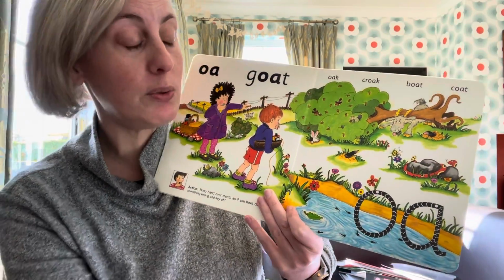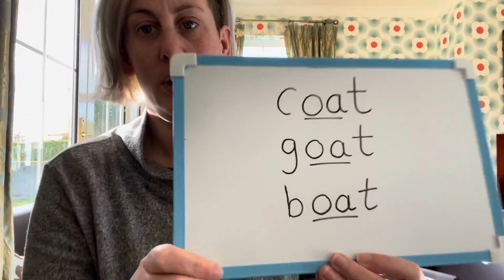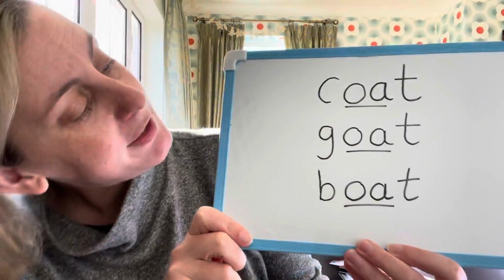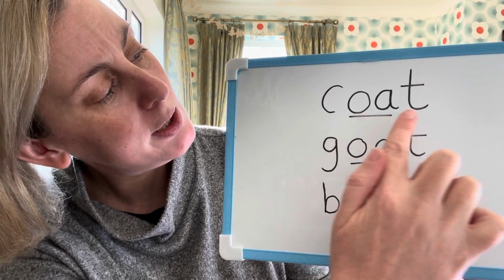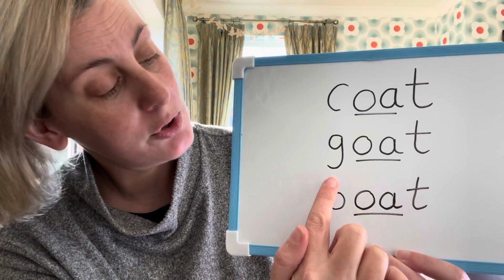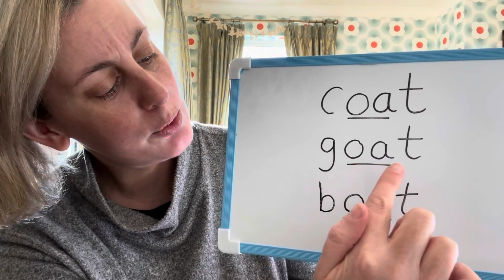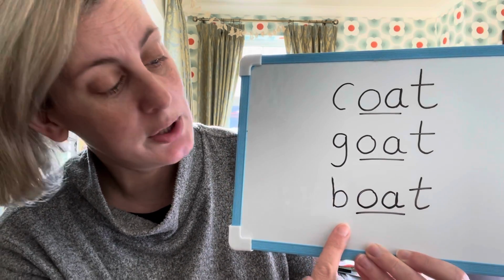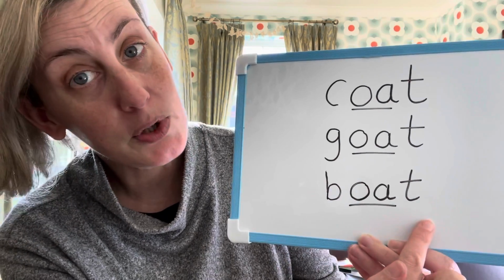And I'm going to show you what I mean on my board. So here's some words that I've written out. We have the word coat, K-O-T, coat, goat, G-O-T, goat, boat, B-O-T, boat.